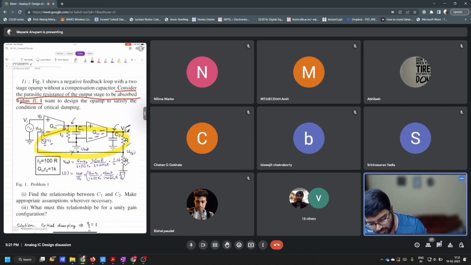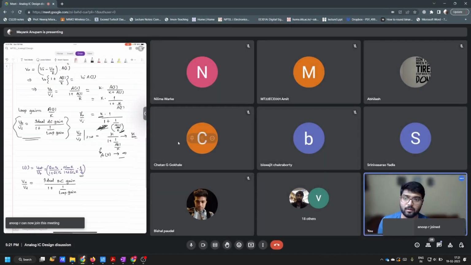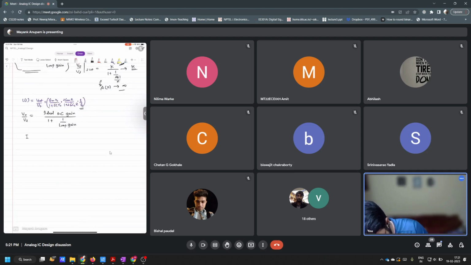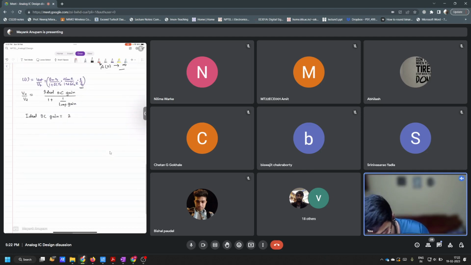In that case, this Vi will be made equal to V0 by 2, right? So ideal DC gain is equal to 2.